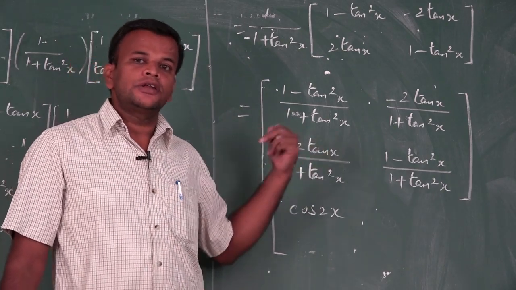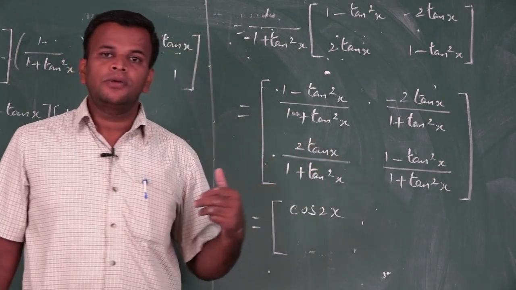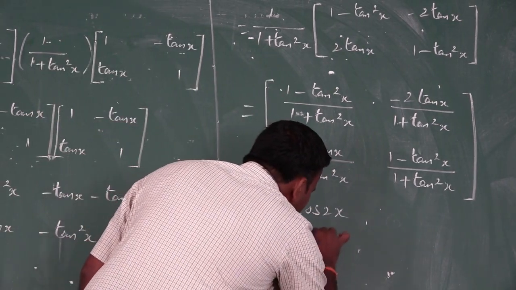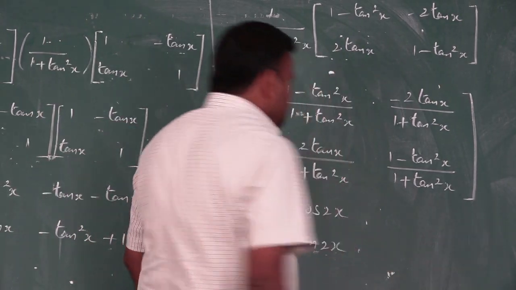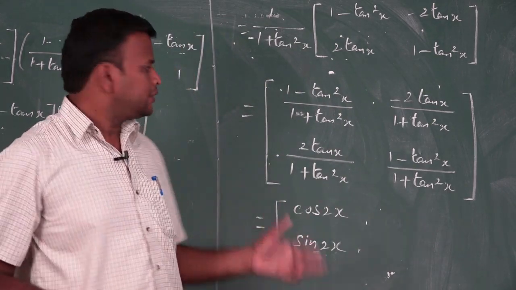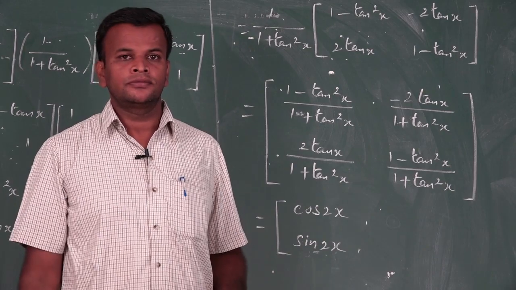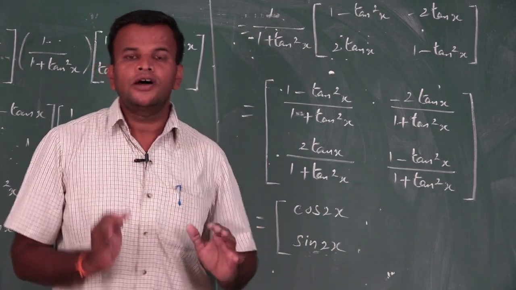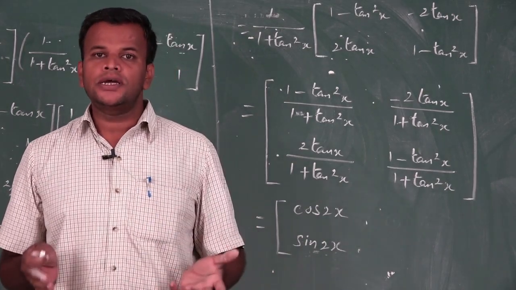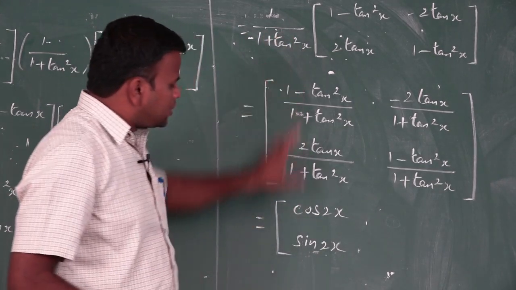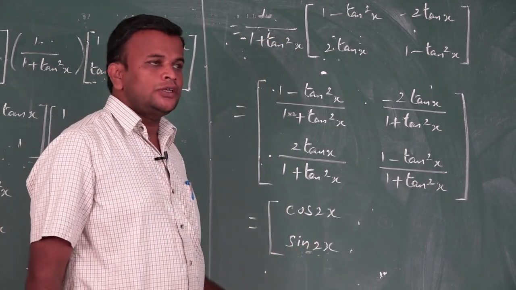And 2 tan x divided by 1 plus tan square x is the formula of sin 2x. Suppose we have a doubt in the formula, we revise the 11th trigonometry book. It's exactly the formula of cos 2a or cos 2 theta involving tan. So it is the formula of cos 2a and it is the formula of sin 2a.